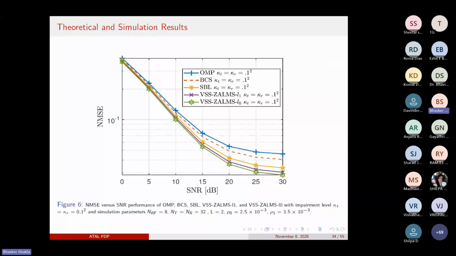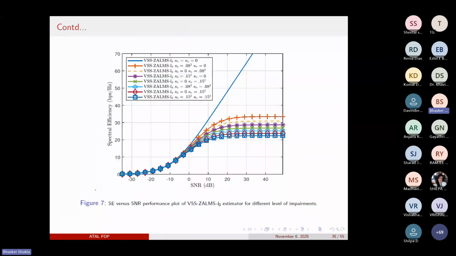And we can also see that kappa T has lower impact as compared to kappa R. Suppose here the violet signal is for kappa T 0.15 square, kappa R 0, and here is the green plot. The green plot is this one, and the violet plot is this one.